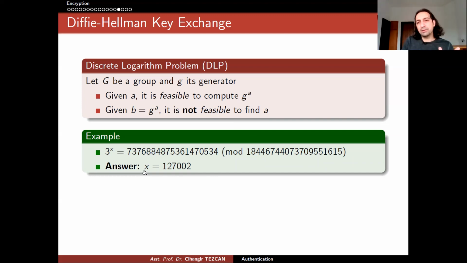So you have to assume that this problem is hard when we choose a good prime number here, a large prime number. Generally, I think it is a few hundred digits nowadays. So we have to agree that when this number is big and a prime number, it will be hard to guess x from the output.